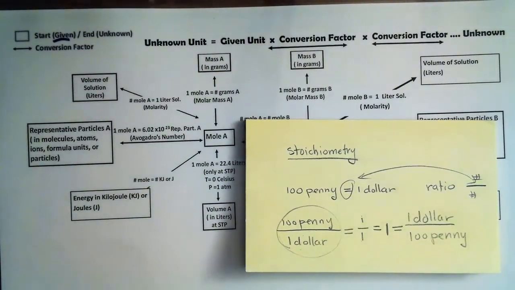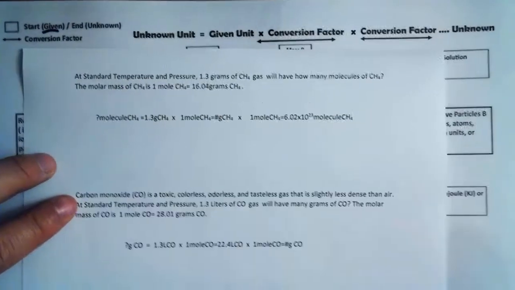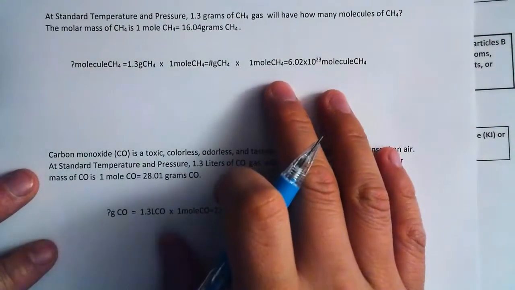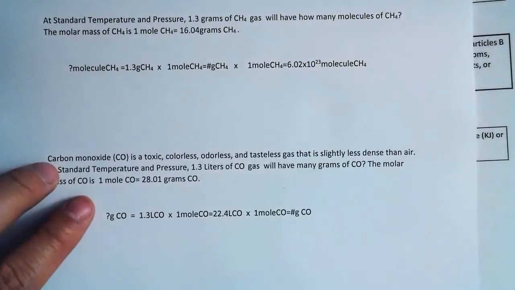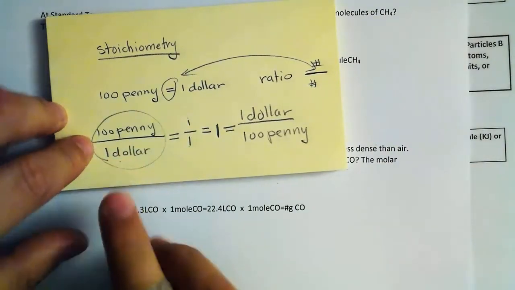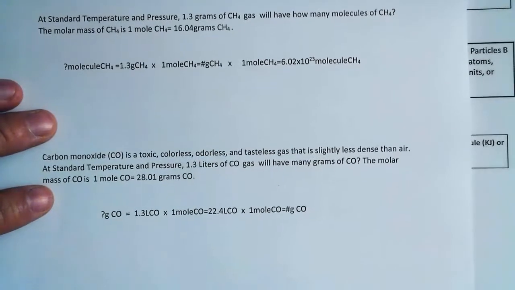Let's look at an example. Here is a problem that we've done so far in terms of setting up the flowchart. But the rest is that we have to plug this in a way that looks like this fraction so that we can solve for the unknown. Let's read this problem together.